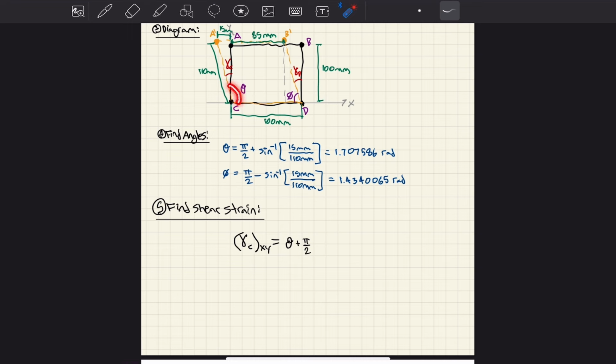So theta minus this angle here will give you the resultant shear strain. Basically, we're doing the inverse of what we did up here. So it's theta, the full value 1.707586 radians, minus pi over 2. Remember, it has to be in radians. You're going to get your shear strain value. Same thing with corner D, but this time we're going to do pi over 2 minus the angle phi.